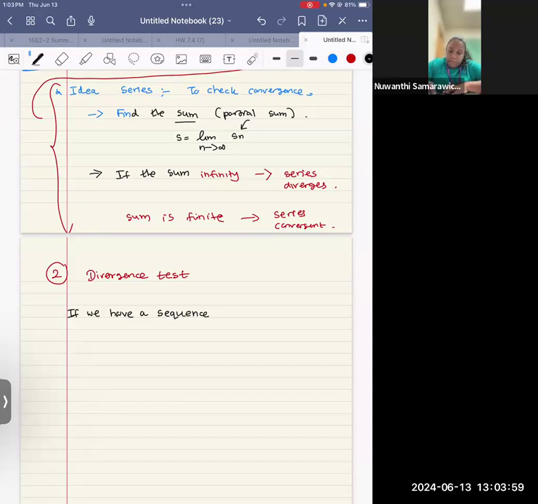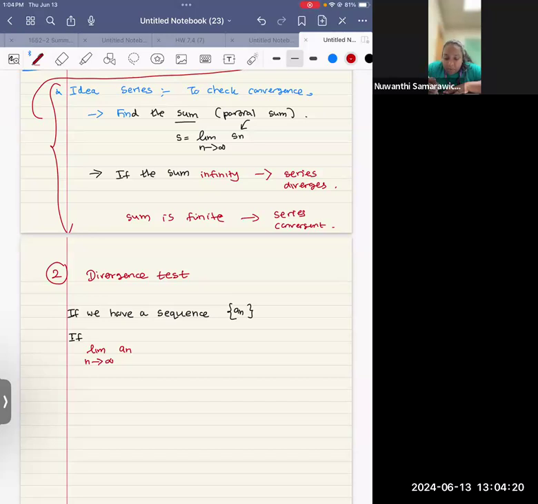let's say a_n, if the limit, as n approaches infinity, of a_n, this is like what we did in the previous one.